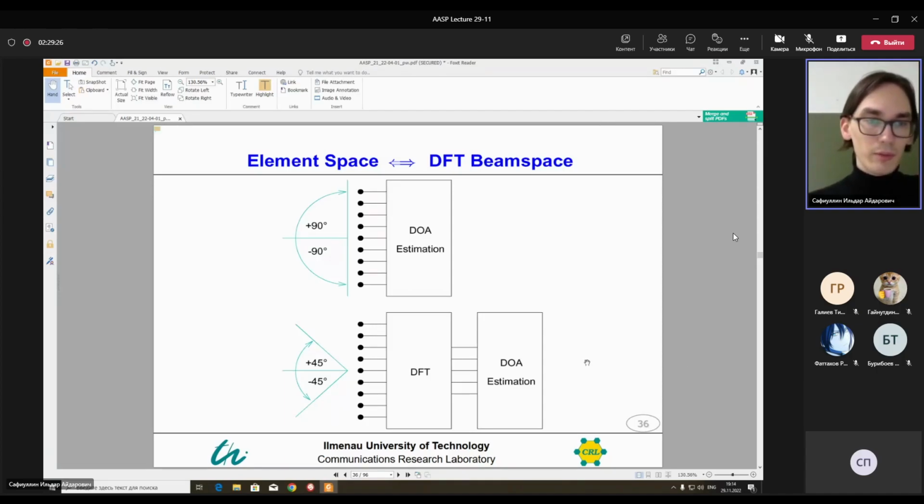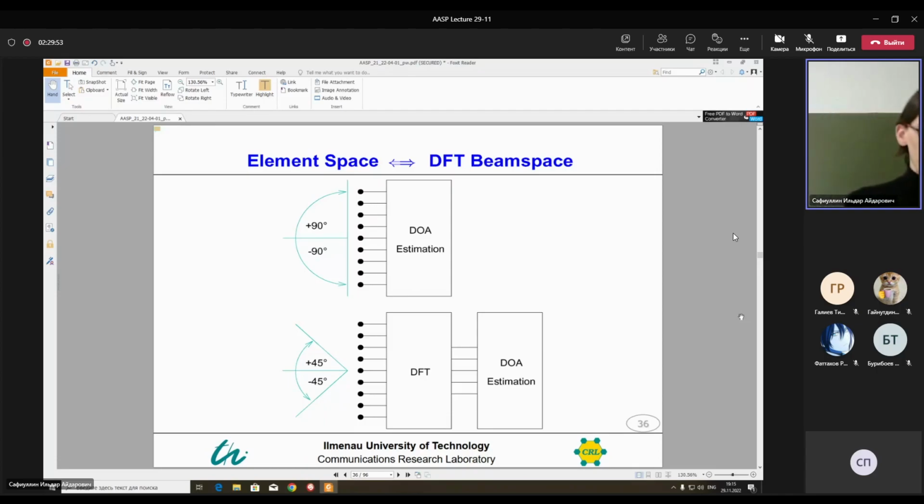So we will have, for example, from all these M elements, only 5 sectors of interest, and we will use these sectors for our direction of arrival estimation. Something like this.